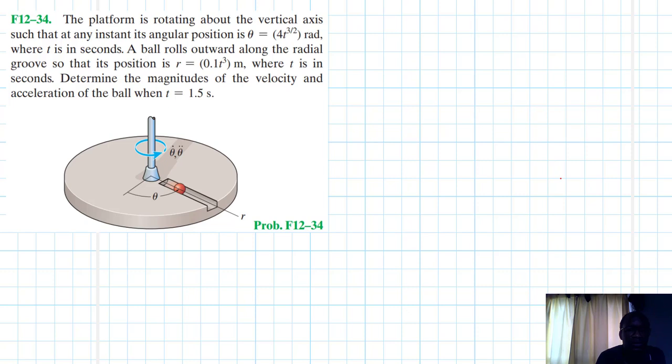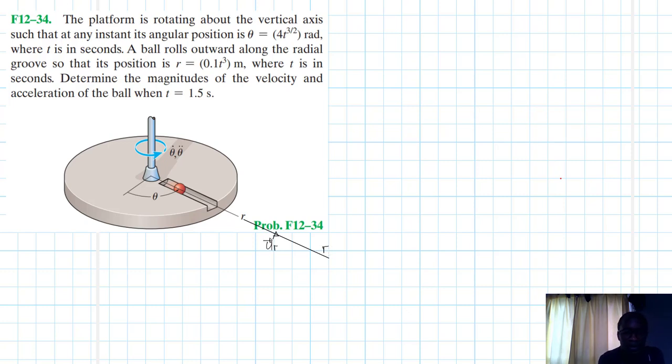So let's show these coordinates. We have along the groove, which is our r direction, in this direction like so. This is our r, and we do have our unit vector there, which we are calling u r.